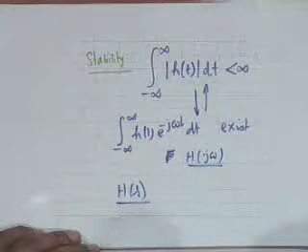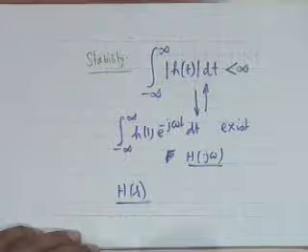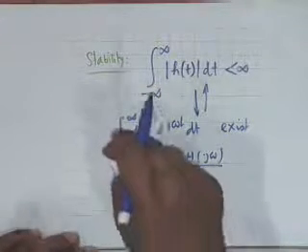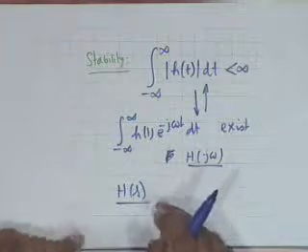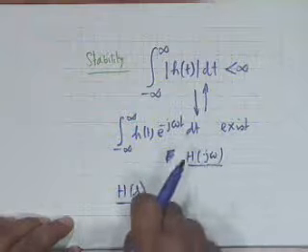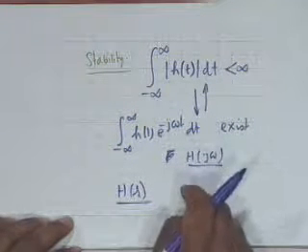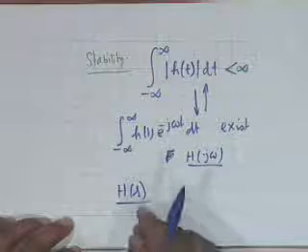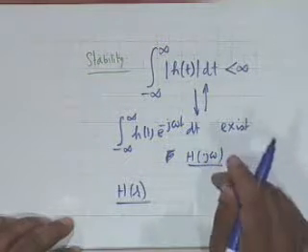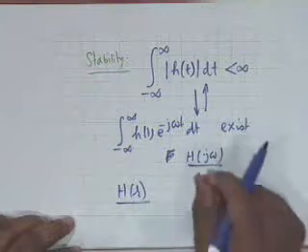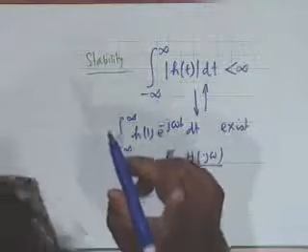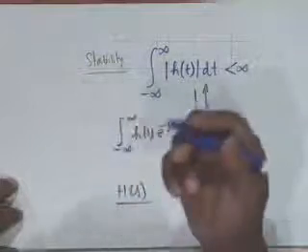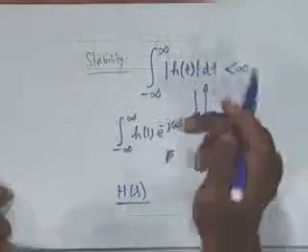In other words, the system must be stable. So from the ROC of the Laplace transform of h of t, that is from the ROC of H of S, the system function or the transfer function as we have named it, we can also conclude whether the system is stable or unstable. Is this clear? If the ROC of H of S includes the j omega axis, the system must be stable, otherwise the system is unstable.